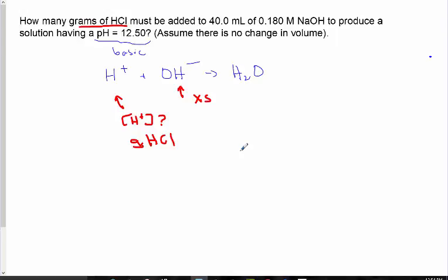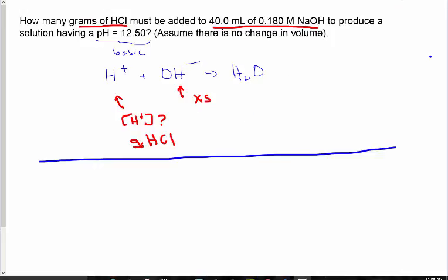So let's go ahead. We are going to be able to figure out the excess OH- amount, and from the information given in the question, we're also going to be able to figure out the starting amount of the hydroxide as well. So let's go ahead and do that. So let's remember that to find the excess of either H+ or OH-, generally speaking, we would have the following.